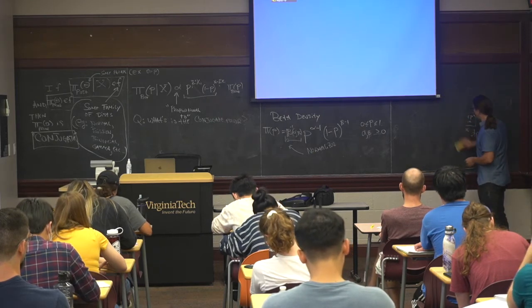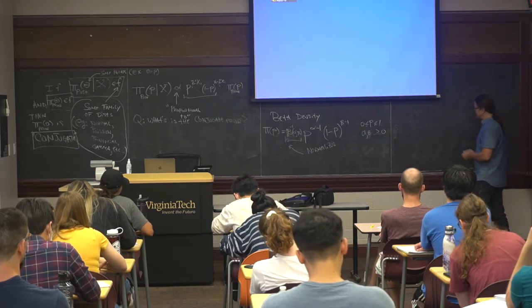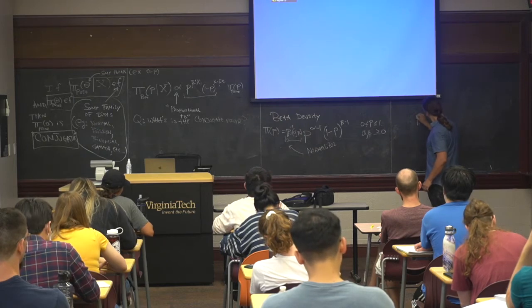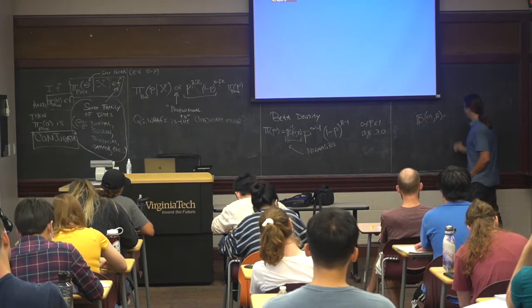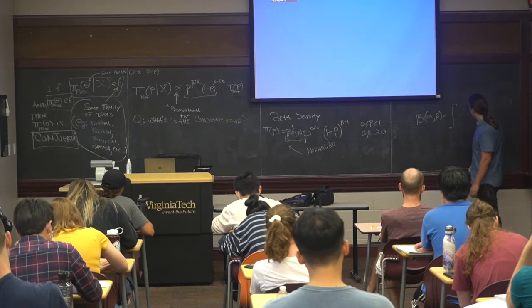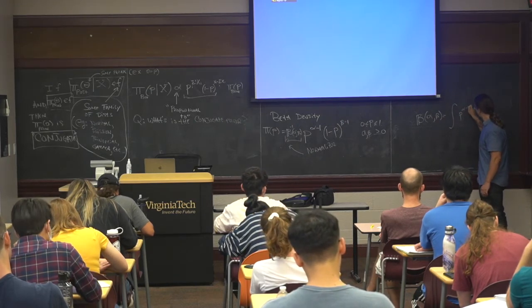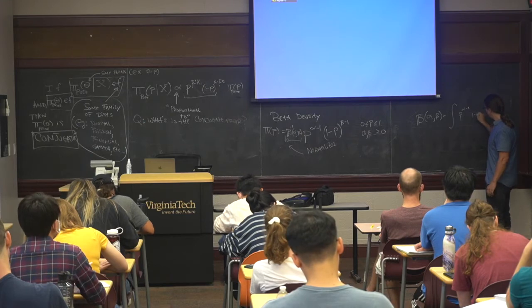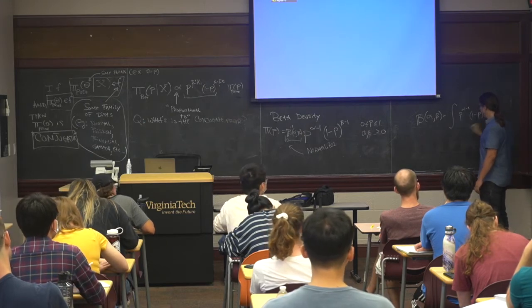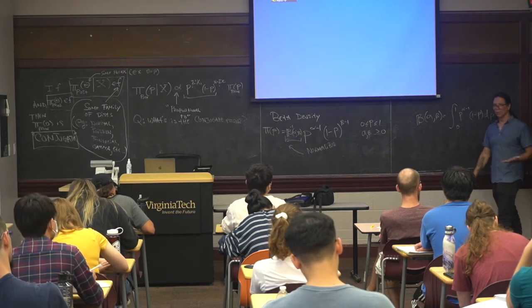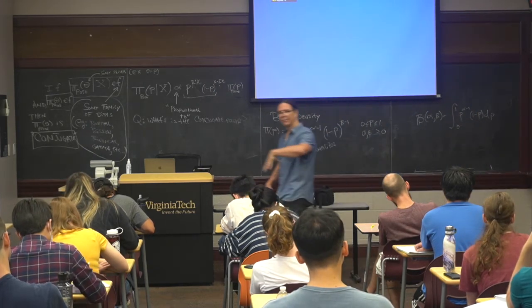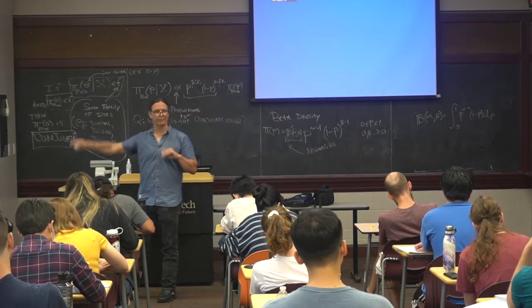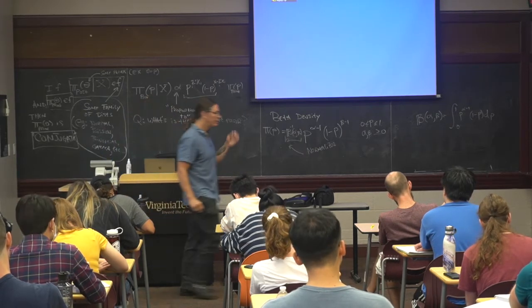So let me just tell you what this coefficient is. No surprise, it's just equal to the integral of p to the alpha minus 1, 1 minus p to the beta minus 1 dp. The way you normalize things is you add everything up upstairs and divide by it, so that when you add across everything, it's bounded by 1.